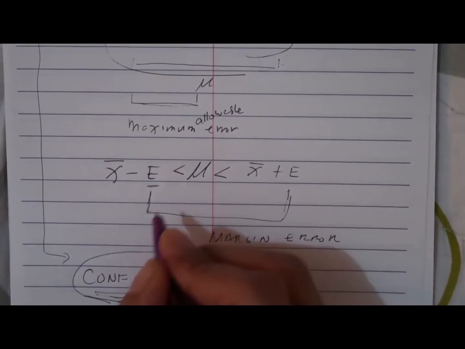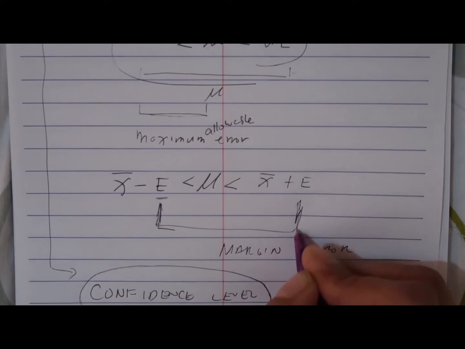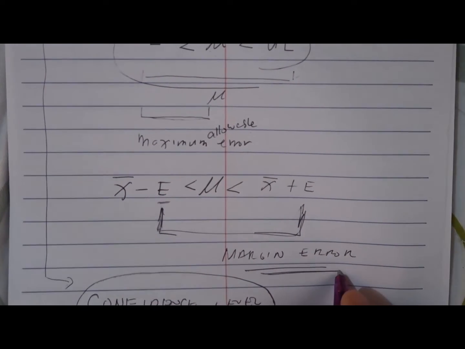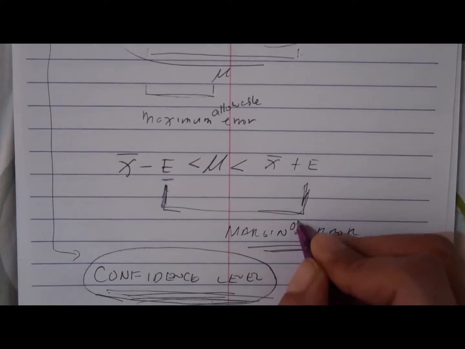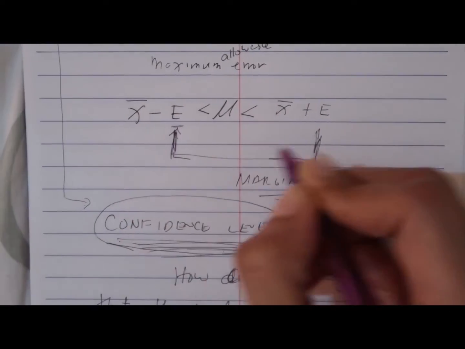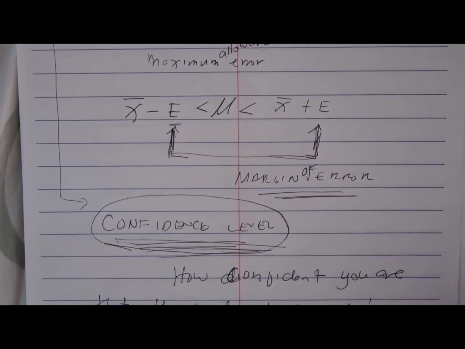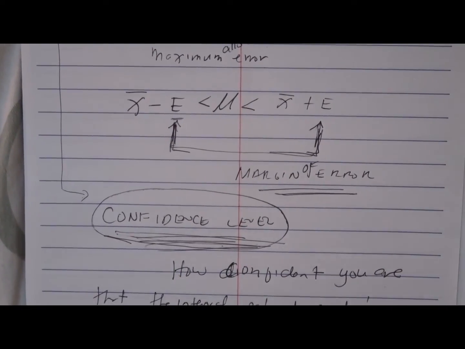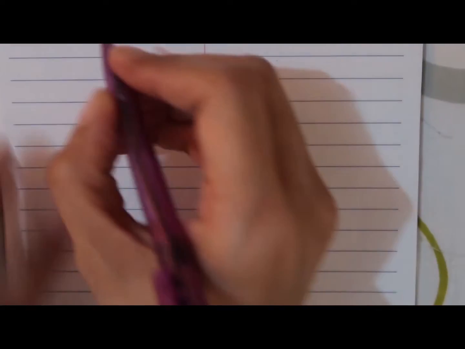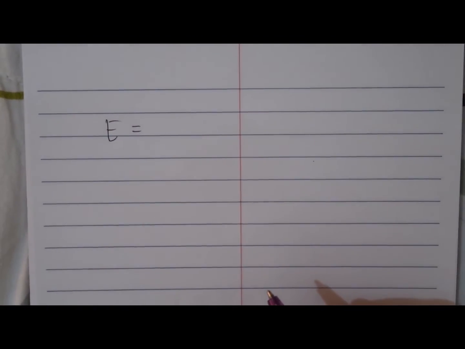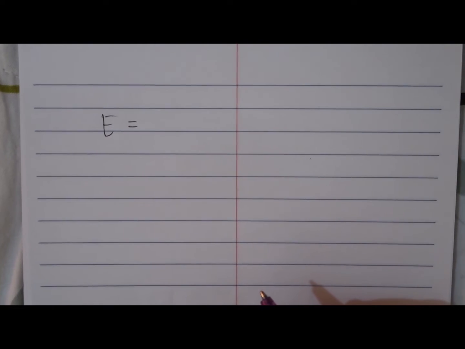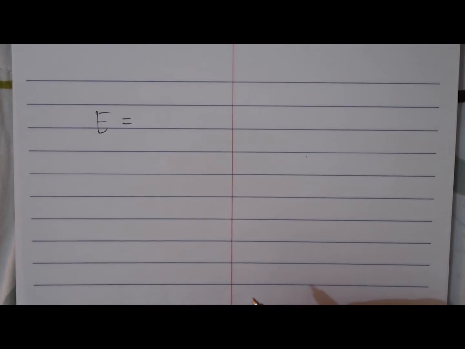Going back, E here refers to the margin of error. When we say margin of error, you are referring to the maximum difference between the point estimate and the actual value.